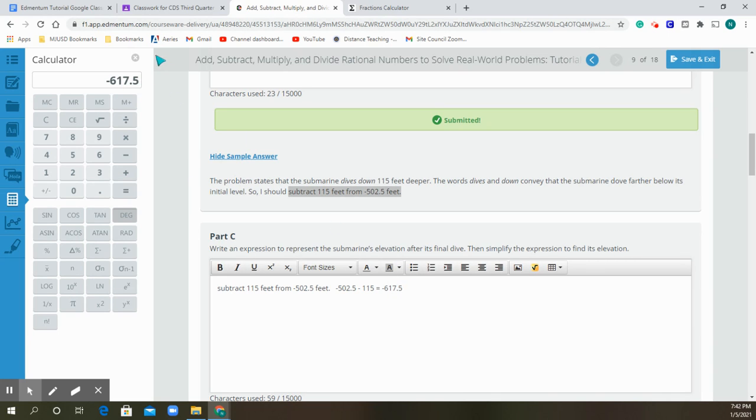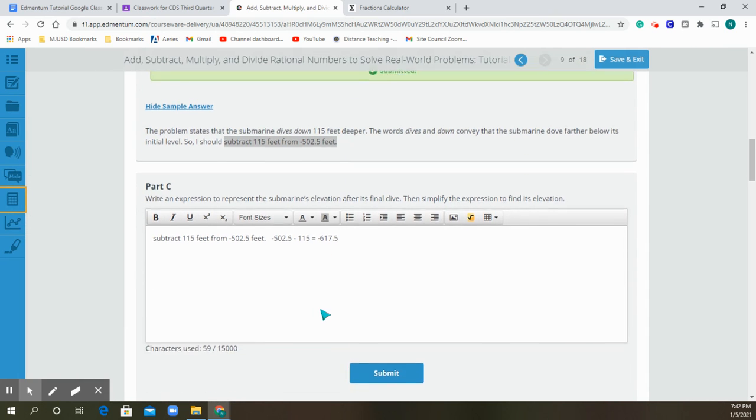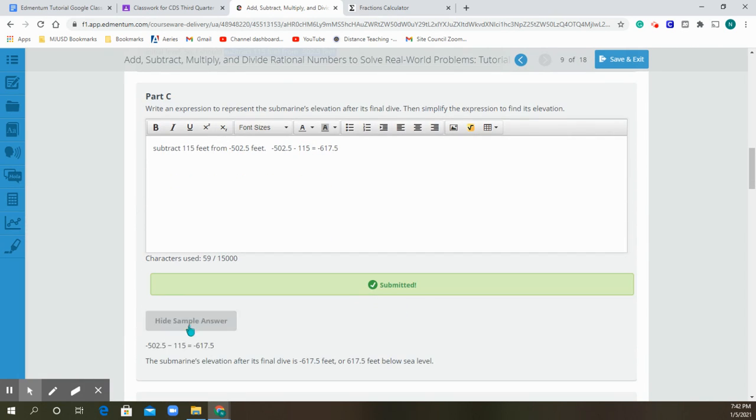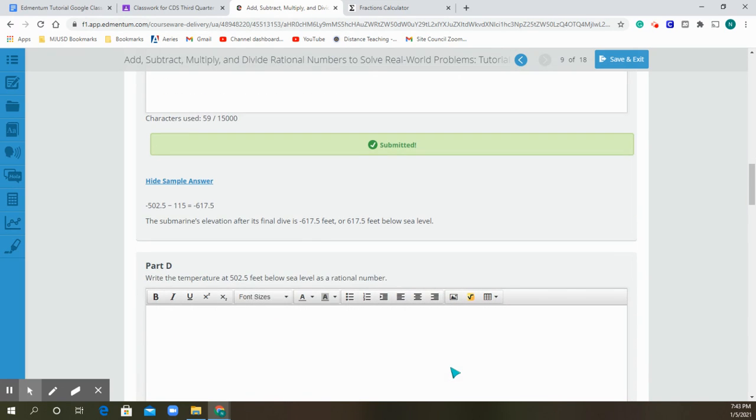Double check. Yep. Close my calculator and hit submit. I'm double checking the answer, and it looks like I have it correct. The submarine's elevation after its final dive is negative 617.5 feet, or 617.5 feet below sea level. See, that's how the words indicate the negative value.